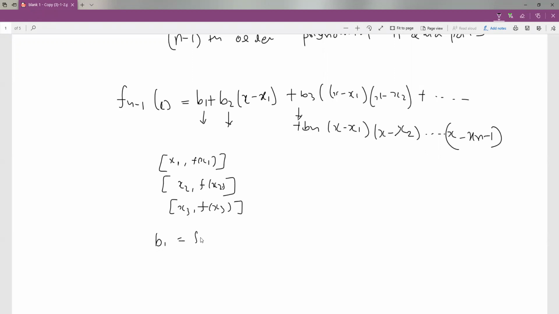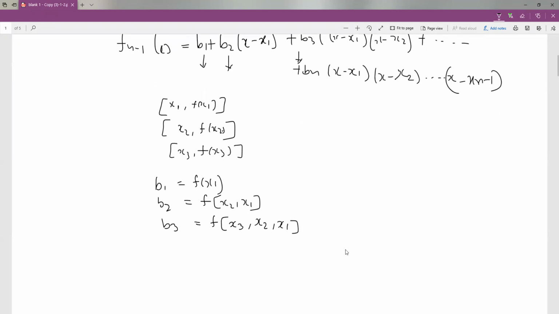Okay, so b1, we have seen, is f of x1, b2 is f of x2, x1, b3 is slightly different notation, we are using f of x3, x2, x1, and bn, what we are writing is the general form. bn is f of xn, xn minus 1, up to x2, x1.